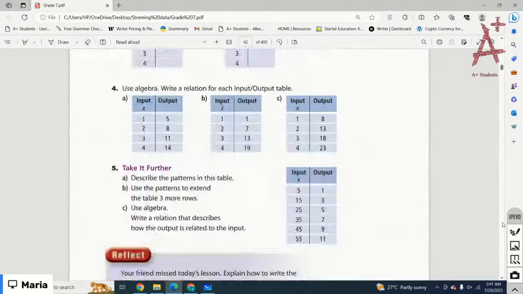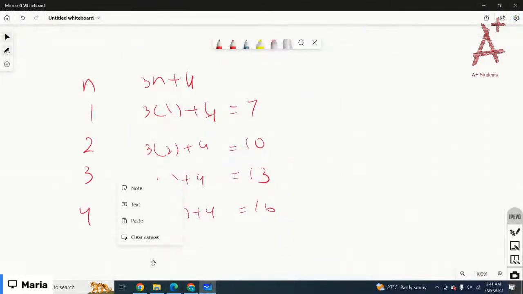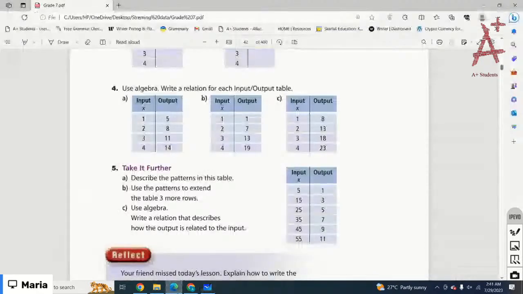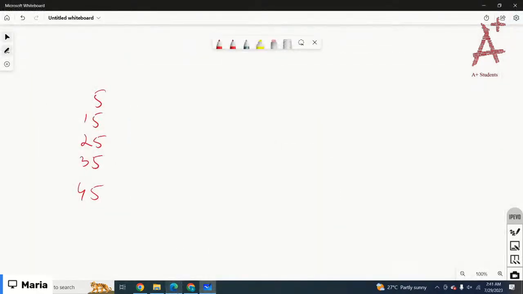Okay, 5, 15, 25, 35, 45. The x values are 1, 3, 5, 7, 9, 11.